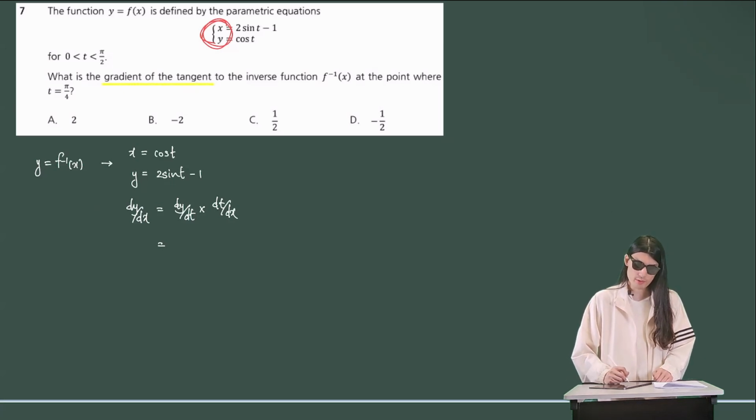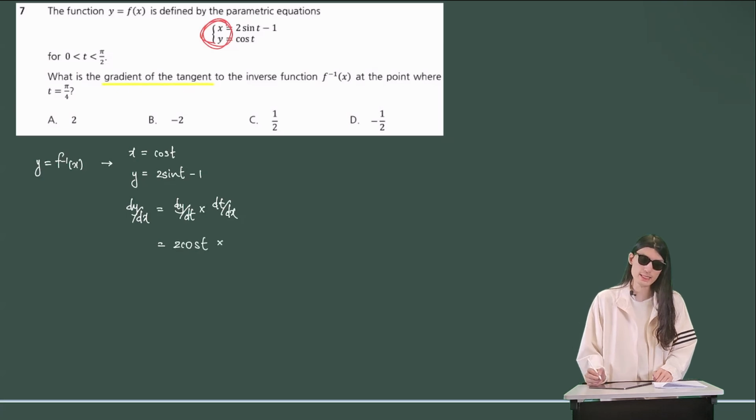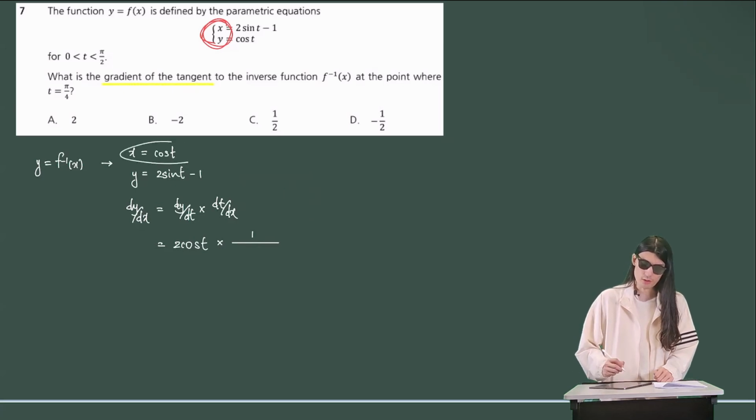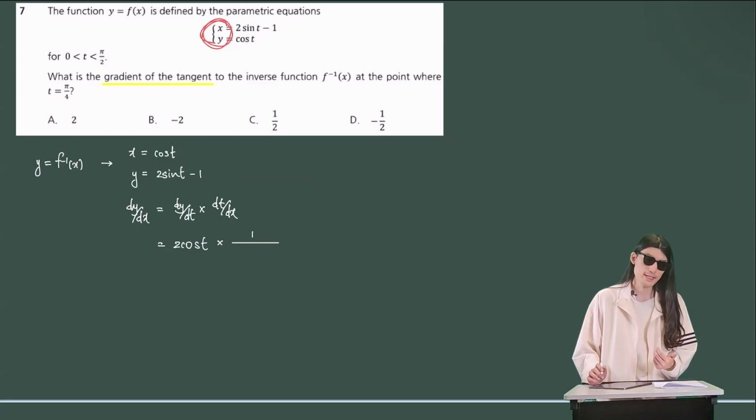And dy dt, the derivative of 2 sine t minus 1, is 2 cosine t, multiplied by dt dx. Dt dx is the reciprocal, so 1 over the derivative of x with respect to t. I'm saying dt dx is 1 over dx dt.